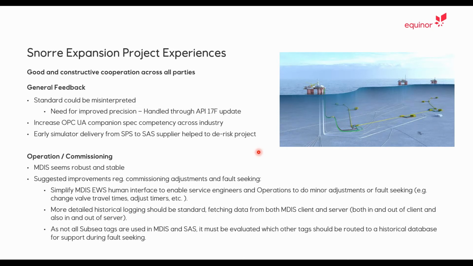So there was a need to improve the precision. We had one example, which is now covered, related to the CITV. We also see that the companion spec competency across the industry is still not at the level we would like, but we do see an improvement. Still, this is something we see under development.